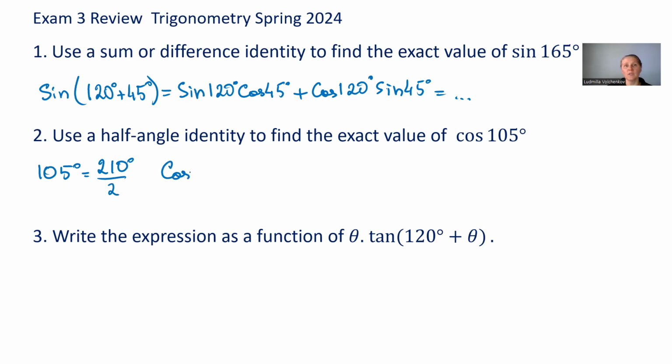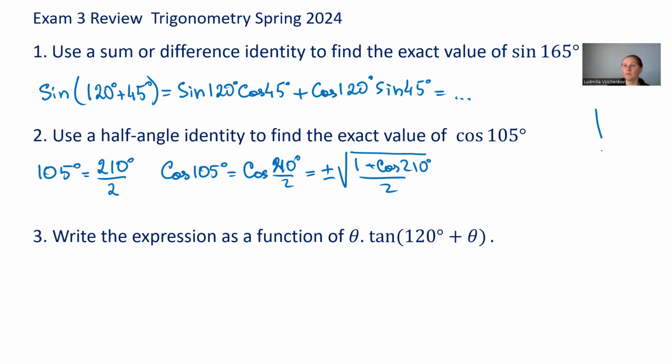So then cosine of 105 degrees can be written as cosine of 210 degrees over 2. And we use the formula plus or minus square root of (1 plus cosine 210) over 2. So if you look at the unit circle, 210 is in the third quadrant.